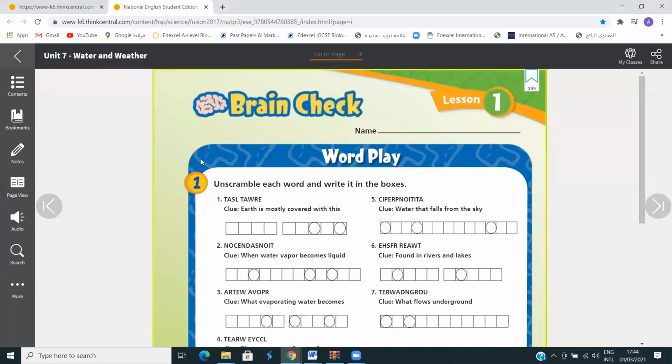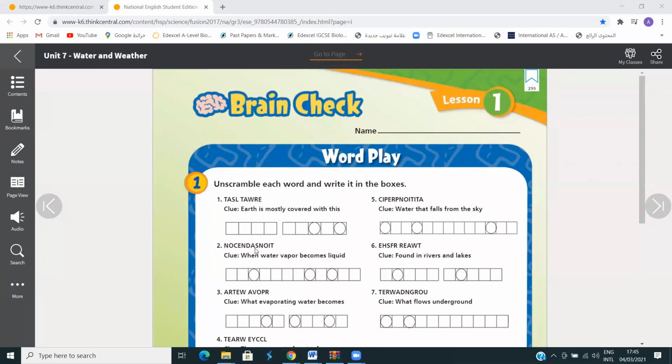Question number 2, please. When water vapor becomes liquid, it is condensation.